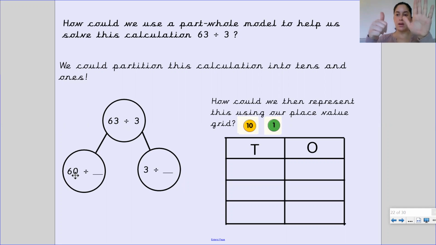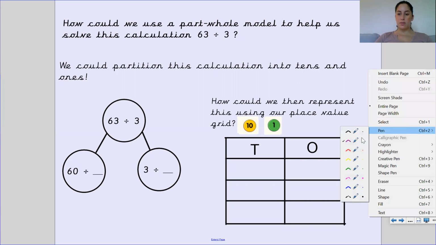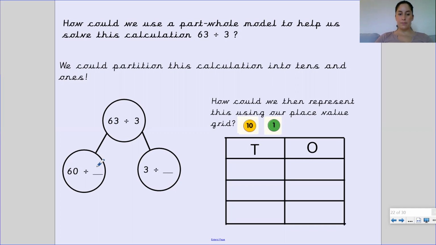Get 6 fingers up and count them in tens. 10, 20, 30, 40, 50, 60. So we've got 6 tens, and I've partitioned the other part into 3 ones, because we've got 3 ones in the number 63. So what are they going to be divided by? Well, the number 63 is divided by 3, so the tens is going to be divided by 3.